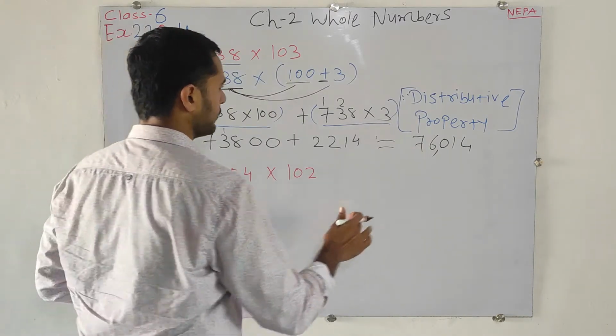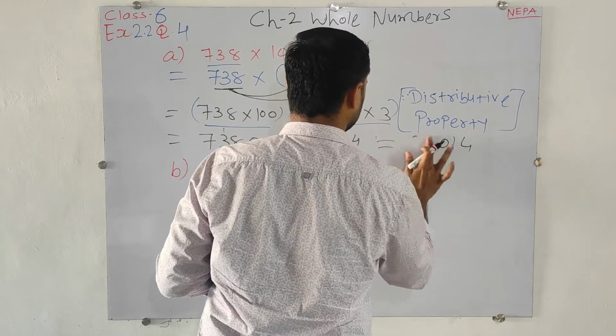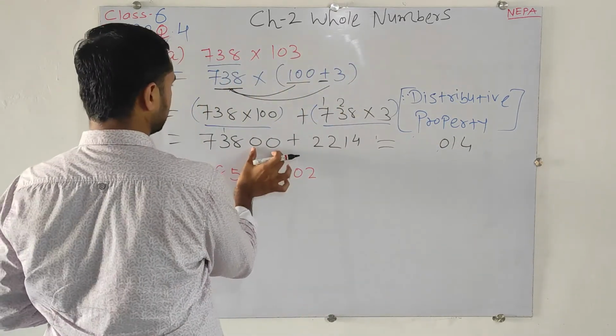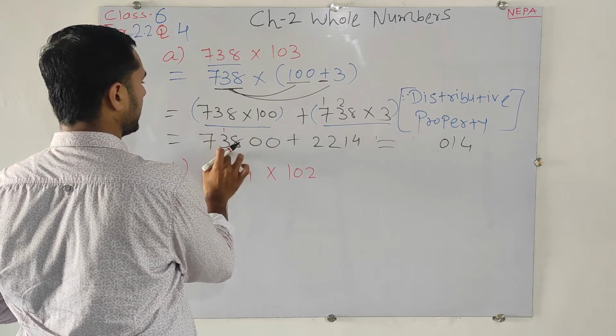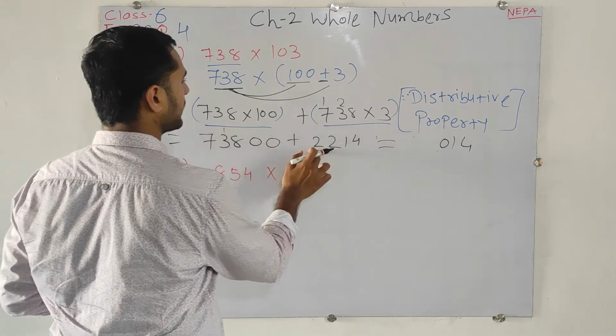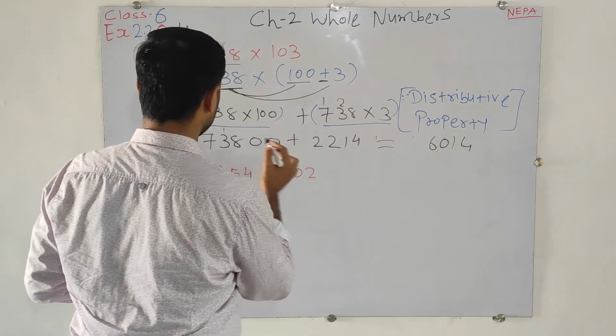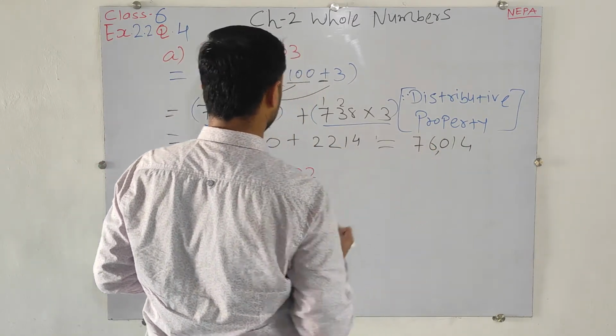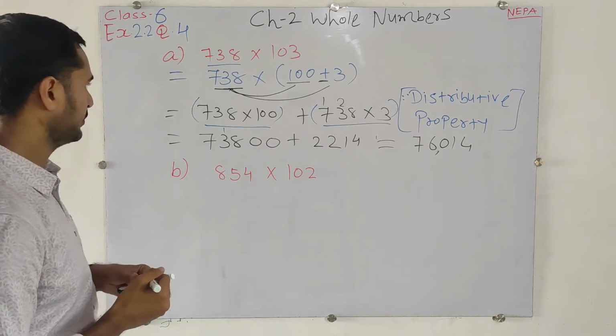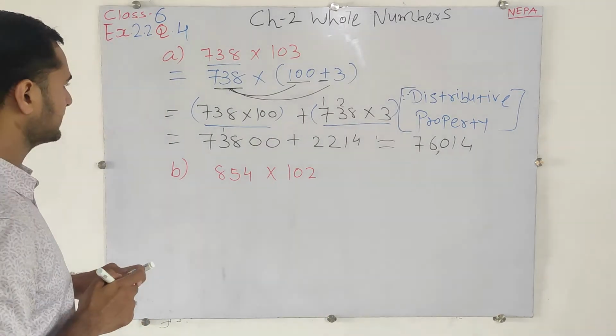No, there is some mistake, an error is there. Let me just correct it. 14 as it is, 8 and 2 is 10, 1 carry, 3 and 1 is 4, 4 and 2 is 6 and 7 as it is. Okay, no, that's correct. Okay, that is 76,040. That's the answer. Fine.